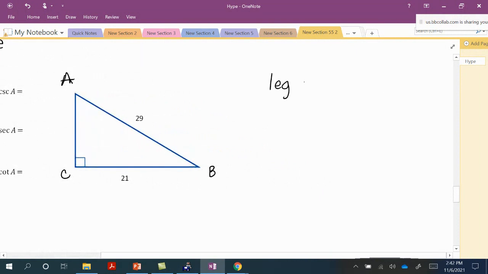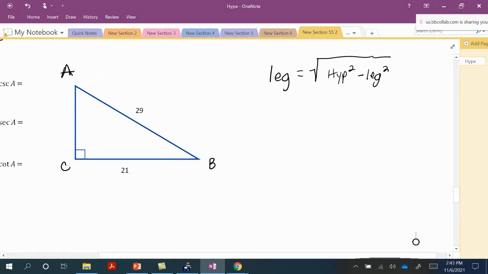So I'm going to go back to our formulas, and we saw that the leg was equal to the square root of the hypotenuse squared minus a leg squared. We see that our hypotenuse is 29, and our other leg is 21.